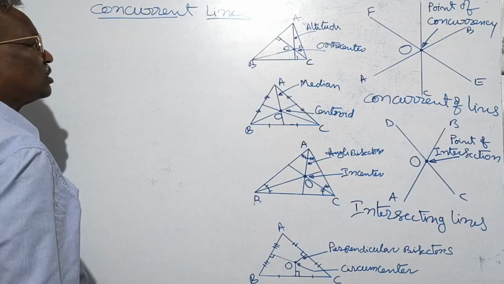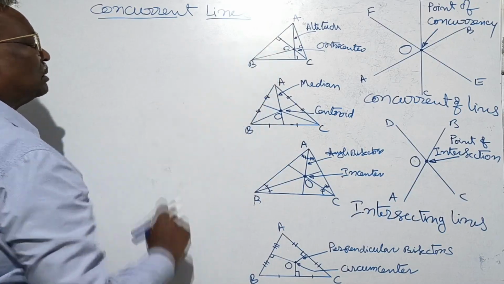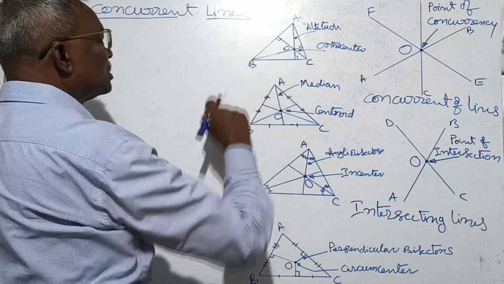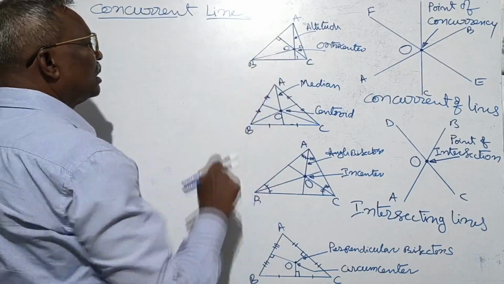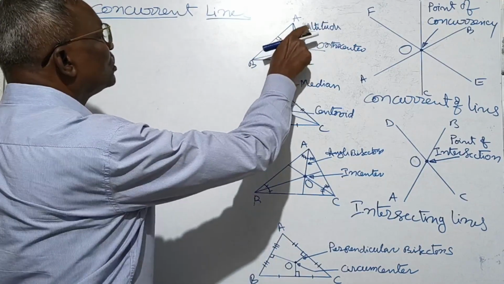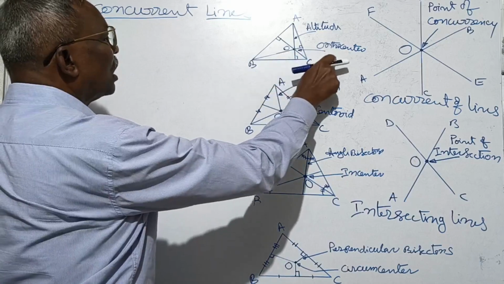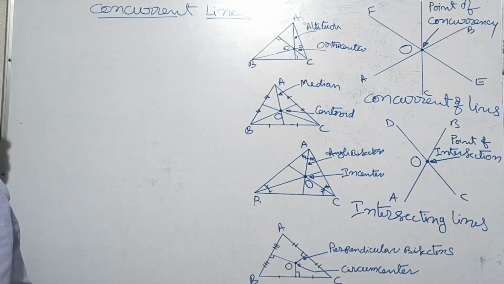All three altitudes in a triangle meet at one point. So that is the concurrency of altitudes in a triangle. The meeting point of the altitudes in a triangle is called the orthocenter.